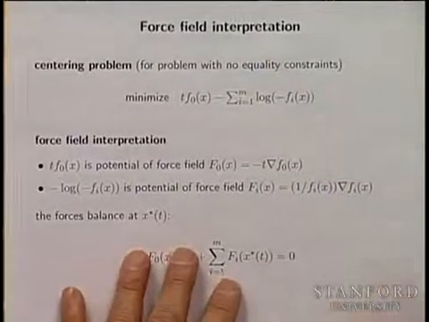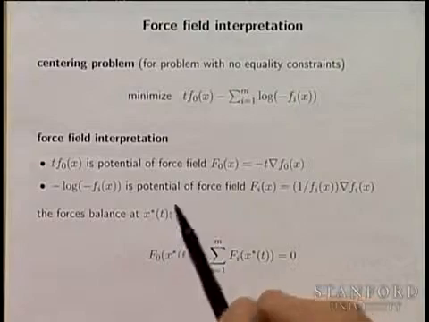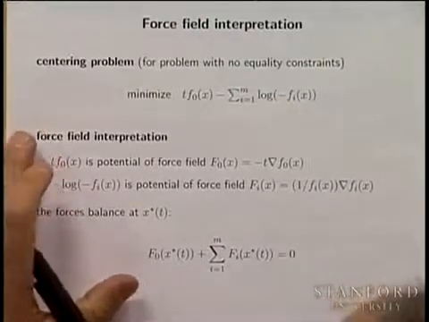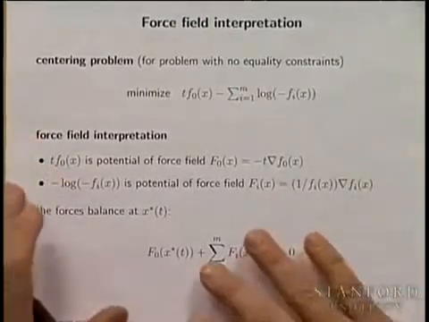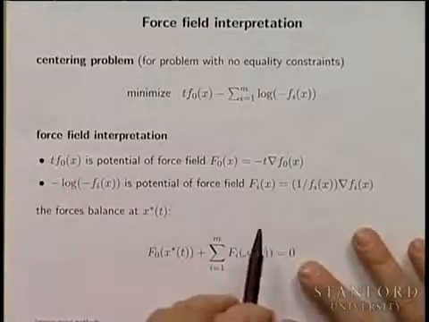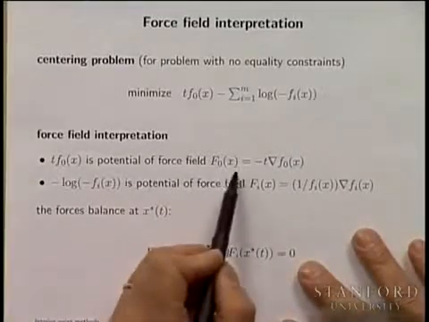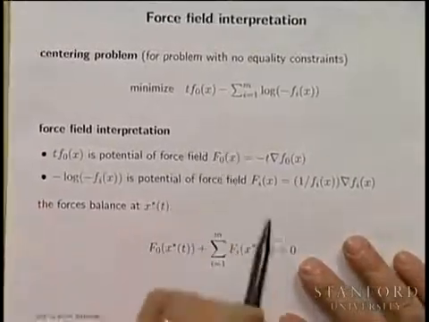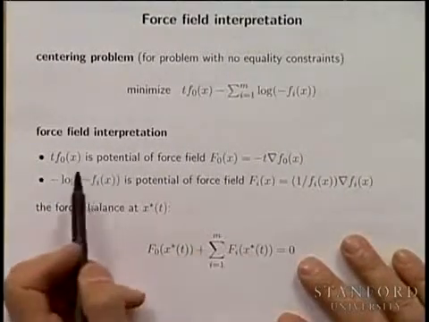Okay. Now, you can also think of this in terms of, there's a nice force field interpretation. Forget the equality constraints to make it easy. What we do is we have a force field here, which, well, we have a potential.